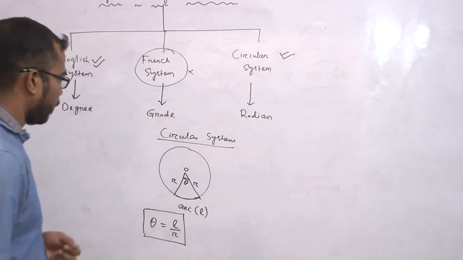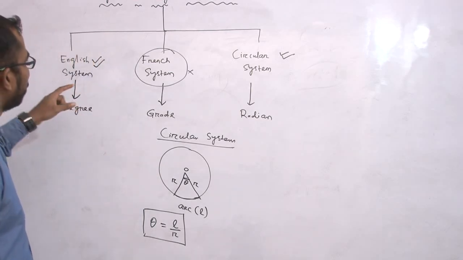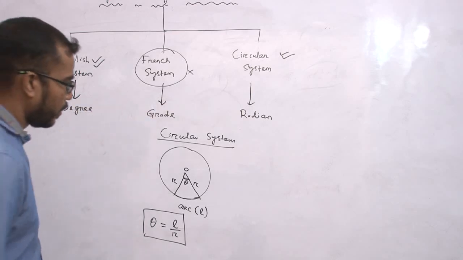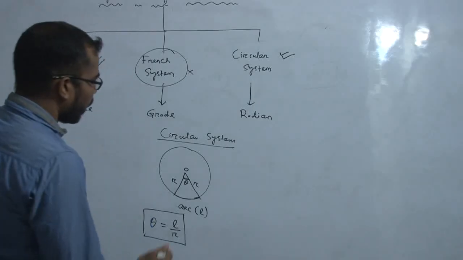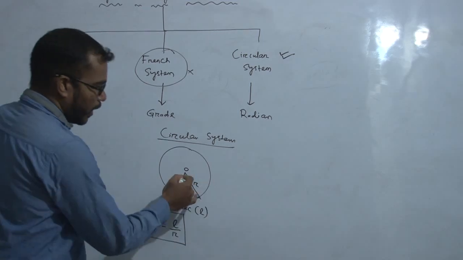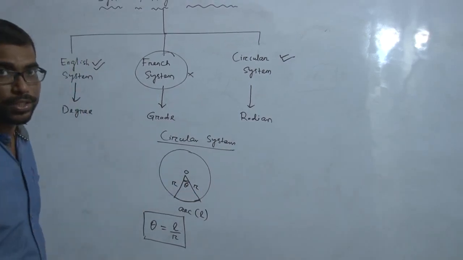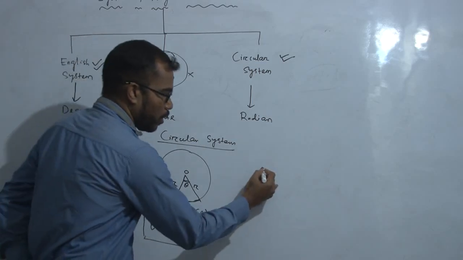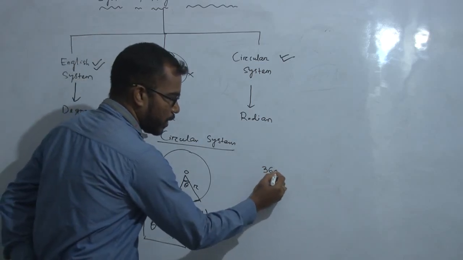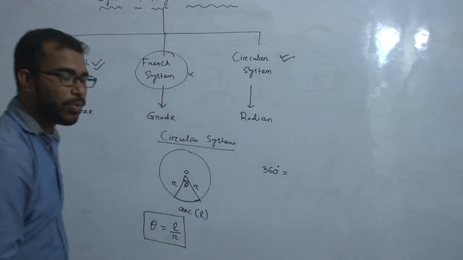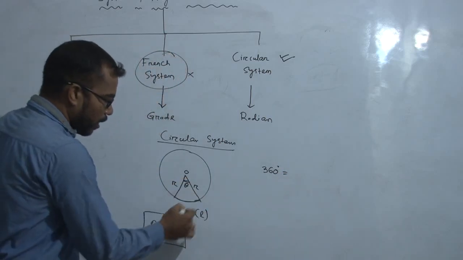So theta is equal to L by R. Here L means arc and R means radius. So how to find the relationship between degree and radian? In the circular system, the total angle is 360 degrees.